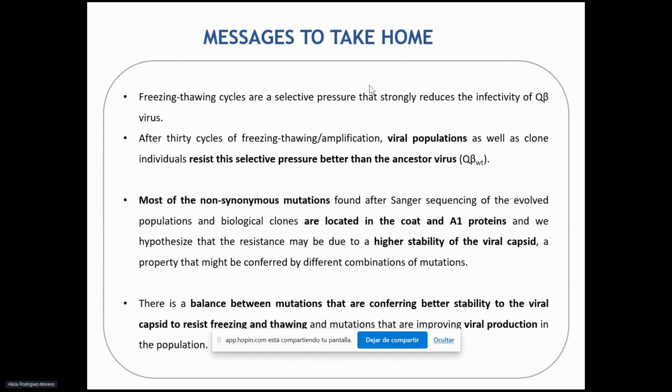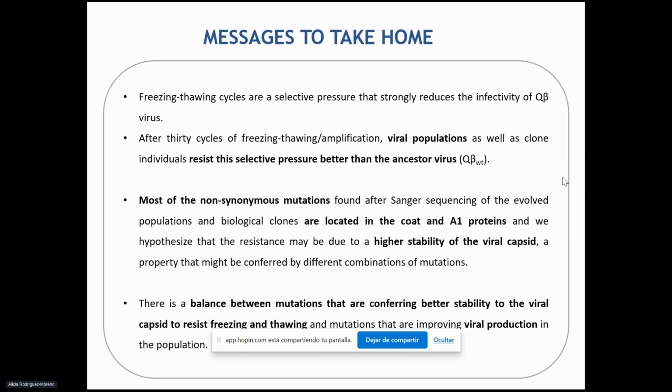To conclude, I want to summarize and leave some clear messages. I know this is an evolution experiment, but freezing-thawing cycles act as a selective pressure that strongly reduces the infectivity of the virus. And after these cycles, viral populations resist this selective pressure better than the ancestor. Importantly, most of the non-synonymous mutations are located in the capsid proteins.